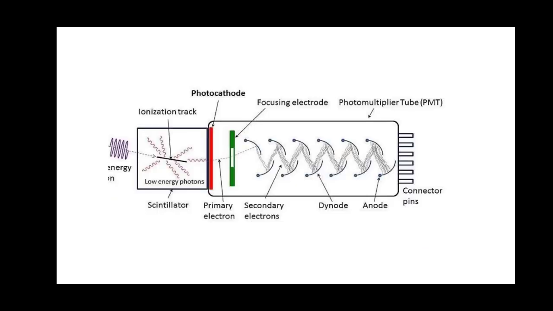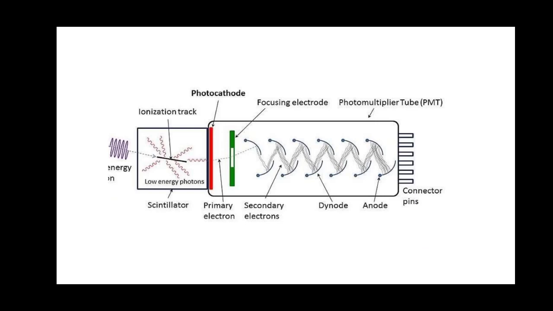So this is the picture of the instrument, when the energy of a particular wavelength is passed by the scintillator, the ionization track is present, and the low energy photons and high energy photons all get together and lead to the photocathode, which releases a primary electron and leads to secondary electrons, which are focused on the focusing electrode present in the instrument, forming a multiplier tube.